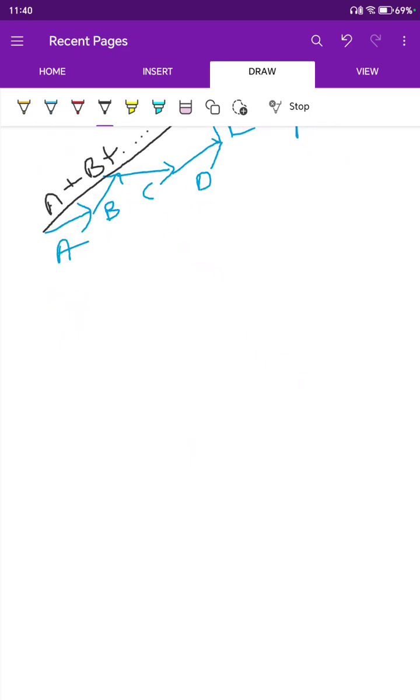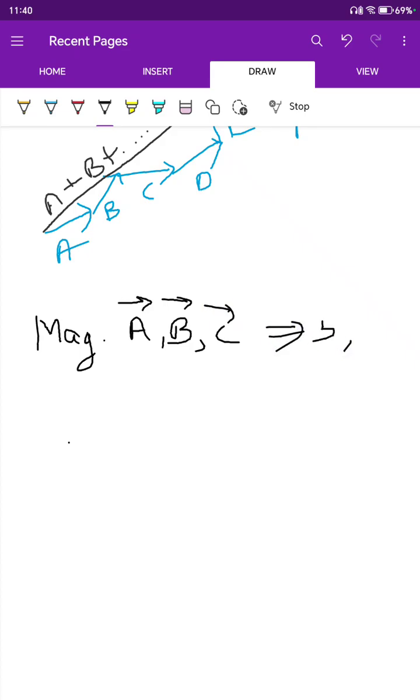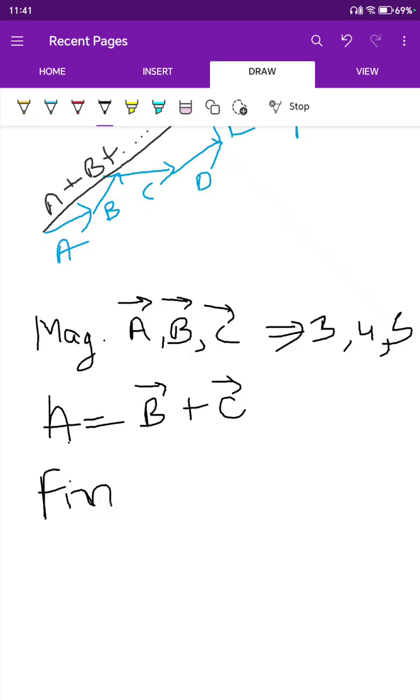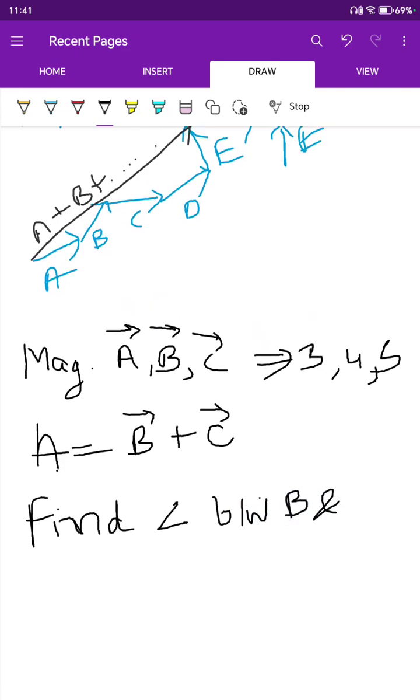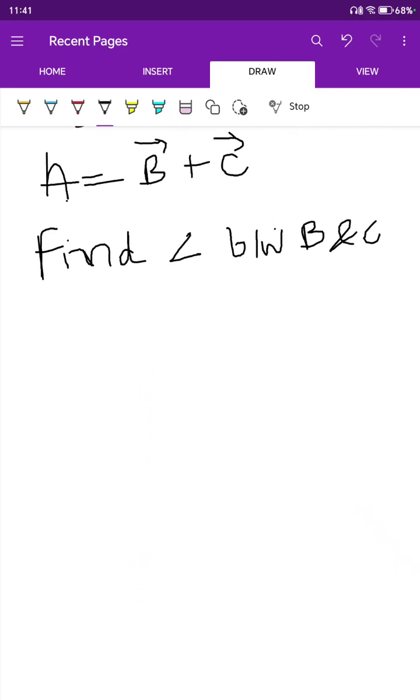If the magnitudes of a, b, and c vectors are 3, 4, and 5, and if a vector is equal to b vector plus c vector, then find the angle between b and c.